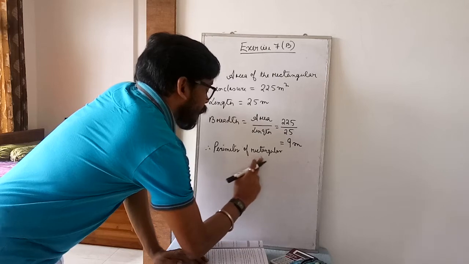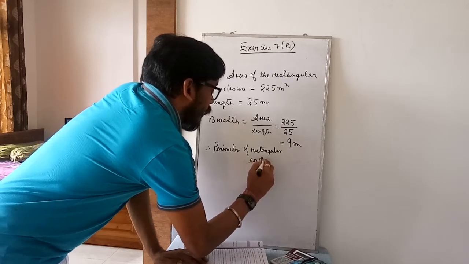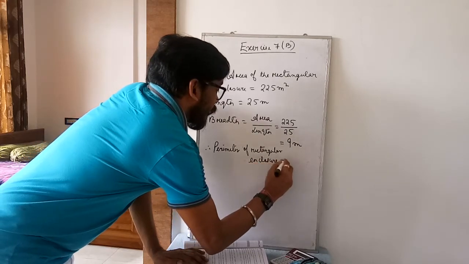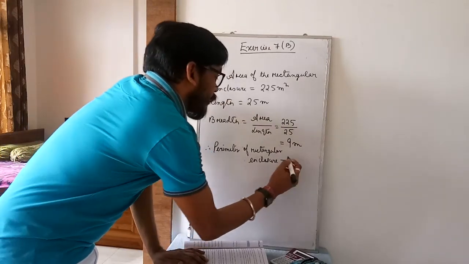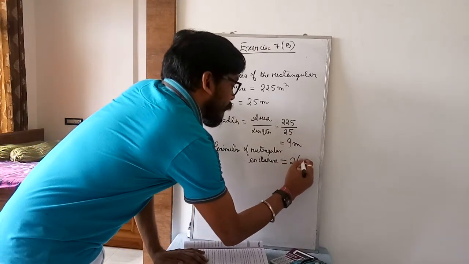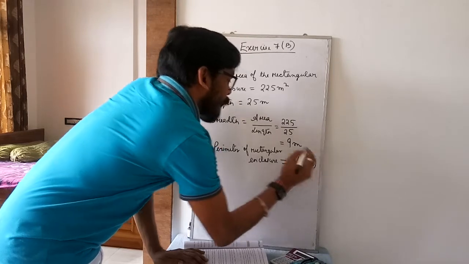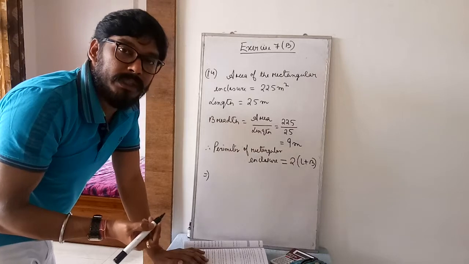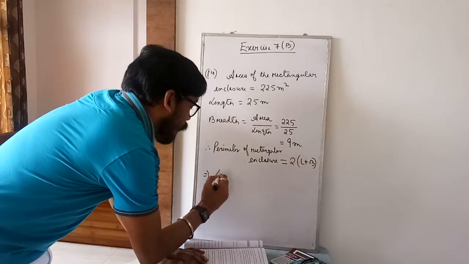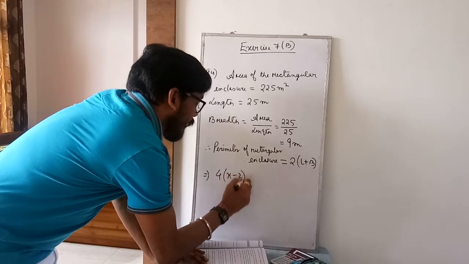You people adjust with my handwriting. Let me write the perimeter formula, 2 into (L plus B). Then your perimeter of rectangular enclosure will be the length of the rope. So length of the rope is 4x minus 2.